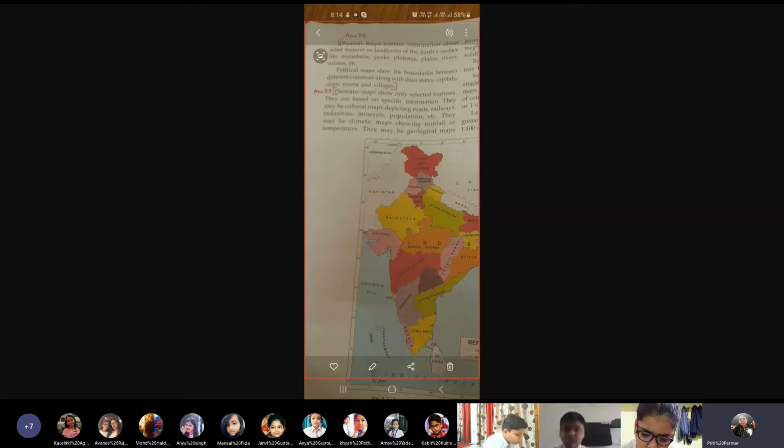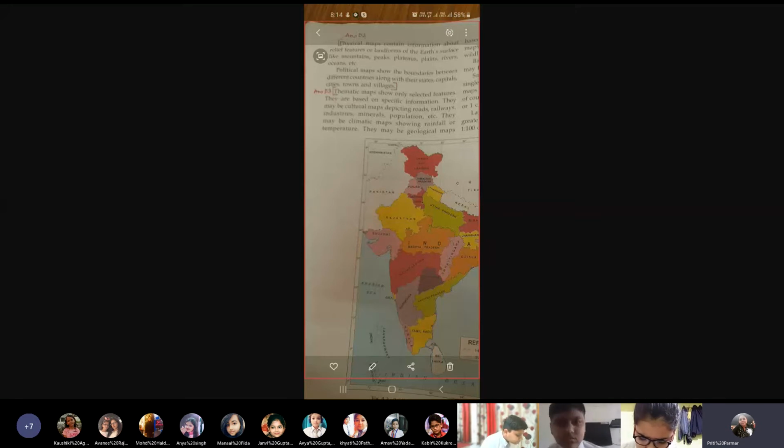Now coming on to D3, thematic maps. The question was, what do thematic maps show? Now the answer is here. Thematic maps show only selected features. They are based on specific information.